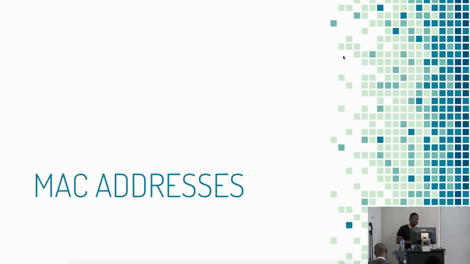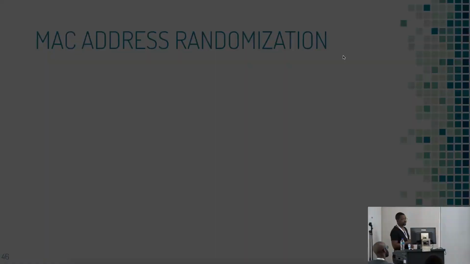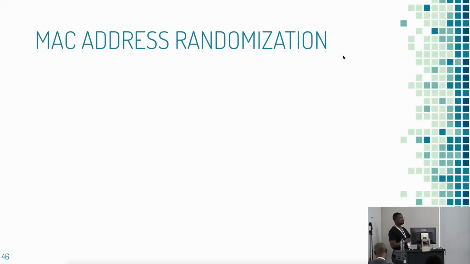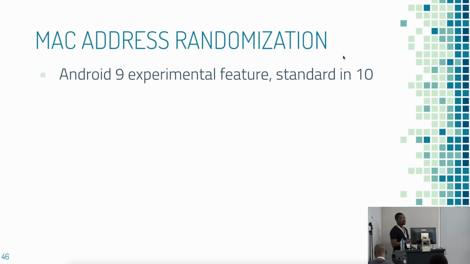Then MAC addresses is also getting a change. So basically MAC address randomization, this was introduced as part of Android P, Android Pie, and now it's become the feature within Android 10. So experimental feature, and then now it's a standard.